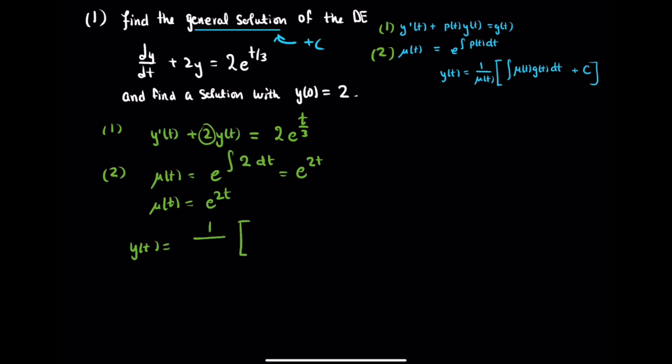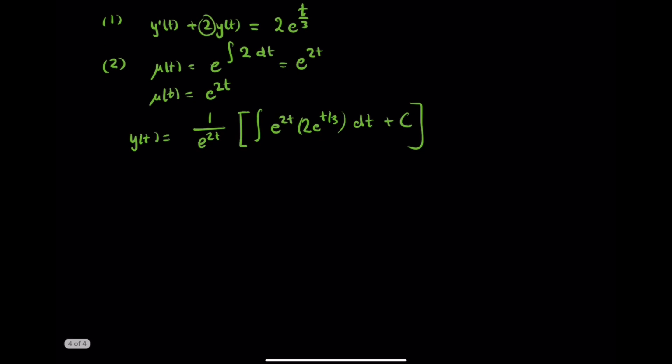And so mu(t) again was e^(2t), integral e^(2t), g(t) is 2e^(t/3), dt plus c, and then we'll figure out what plus c is, right? Okay, so let's scroll down a little bit. All right, now let's solve this stupid thing.